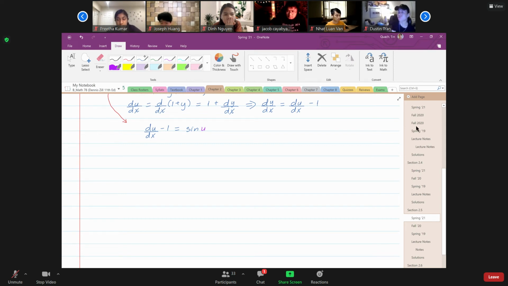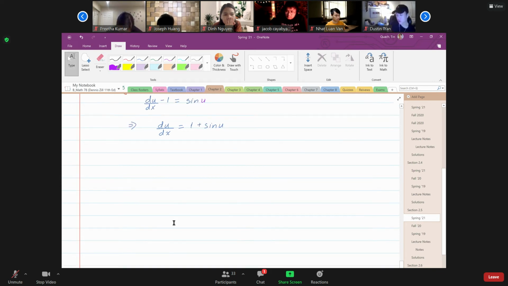All right. So now, from here, you can solve this by separating the variable. So I move the 1 to the right, like that, and then you can separate the variable.